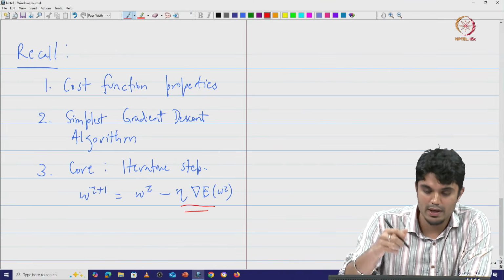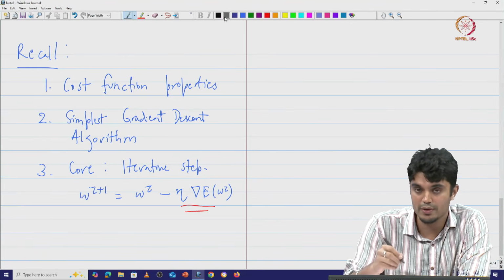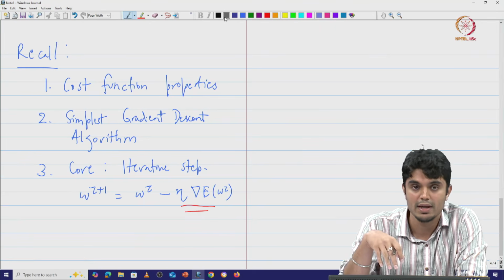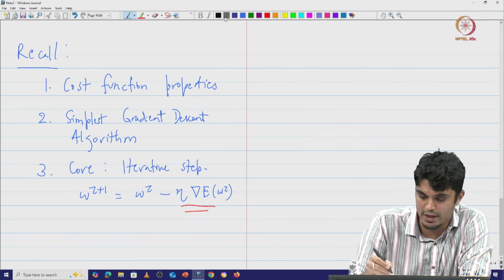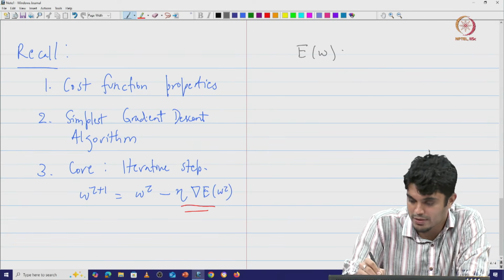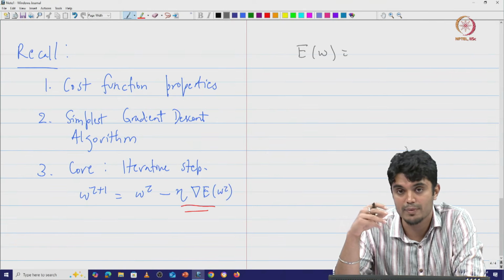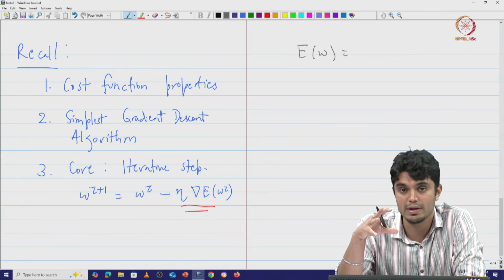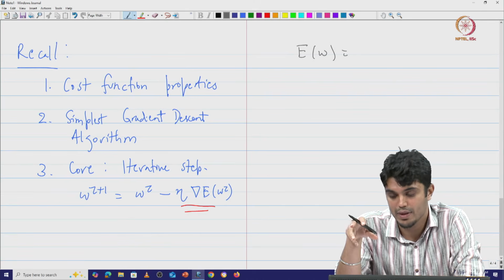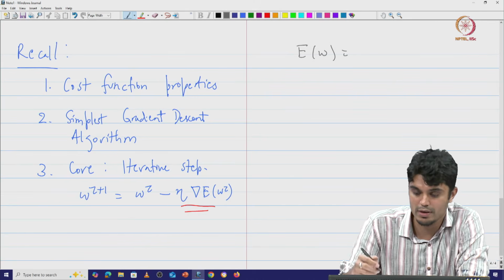Okay, now let me write down the cost function for the least square so that we can concretize things, look at the cost function more closely again. So, E of omega in case of a least square cost function applied on the example that we took in the previous lecture of the regression model.